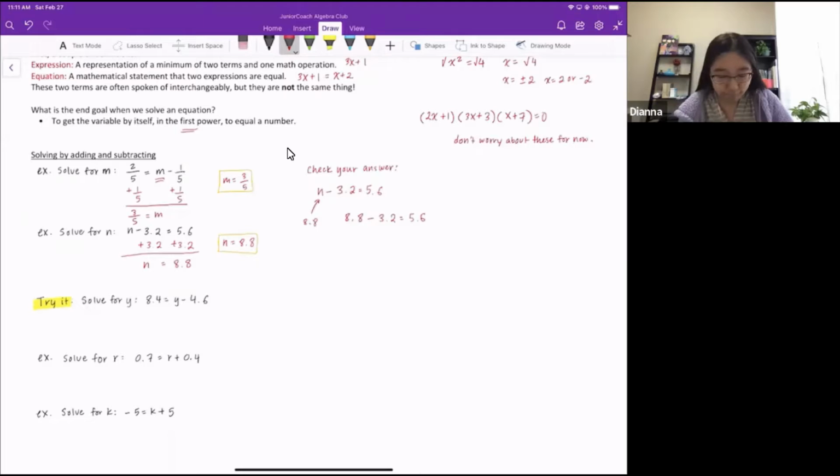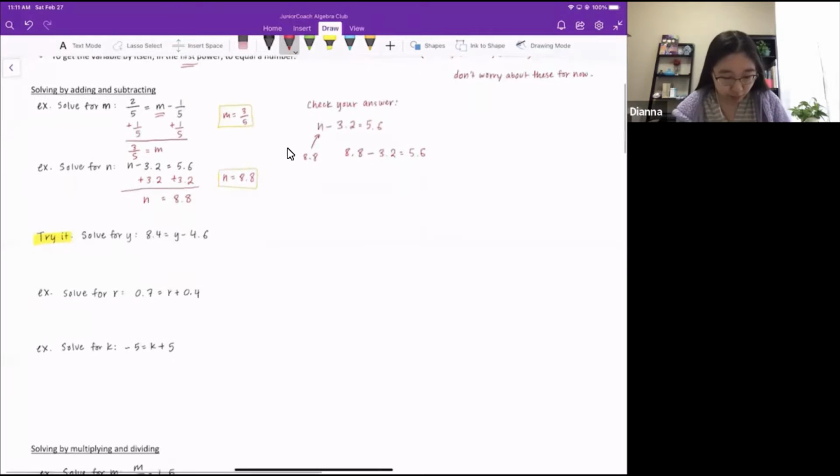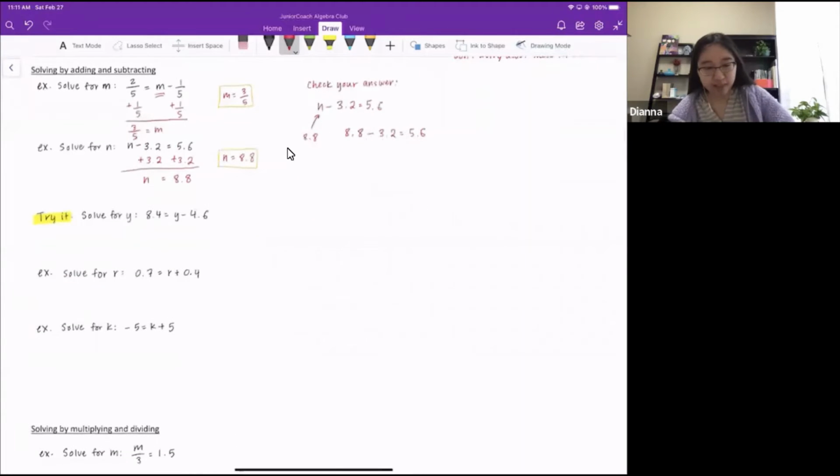Okay. So I put a poll question near the beginning. So 8.4 equals y minus 4.6. Okay, I'm going to launch the poll. Give me one second. And then just put your answer or your best guess. I'll give you guys a few minutes. Okay, hopefully this will work. Okay, and then you guys can have at it. Just put in your best guess.